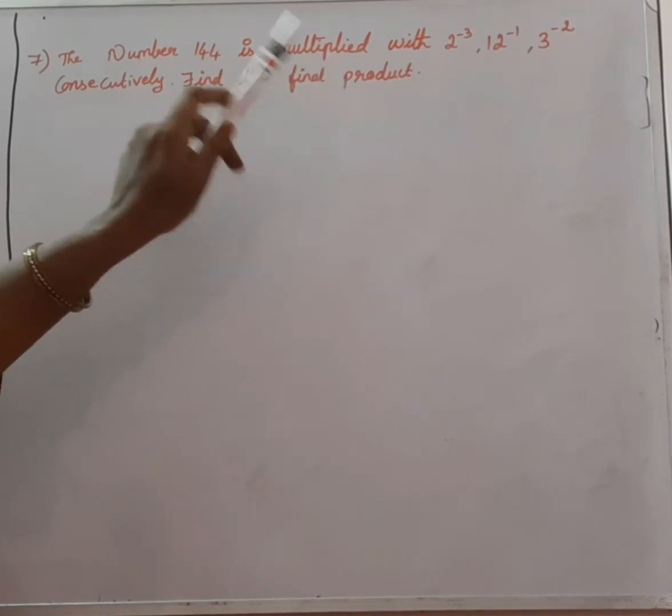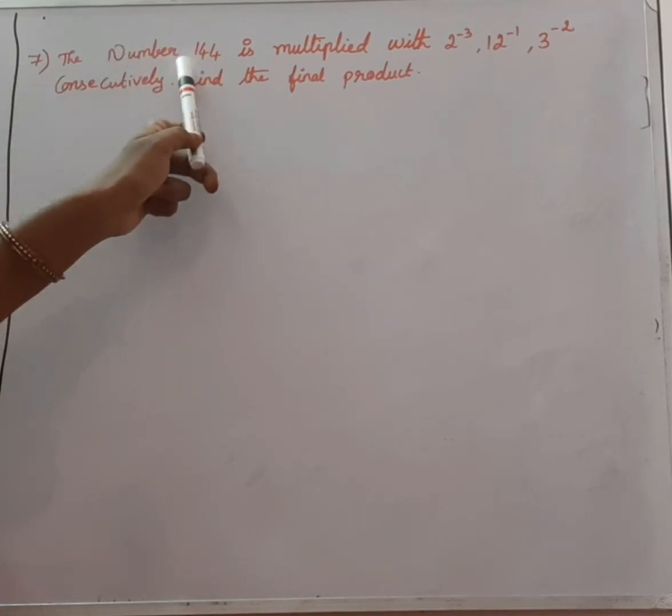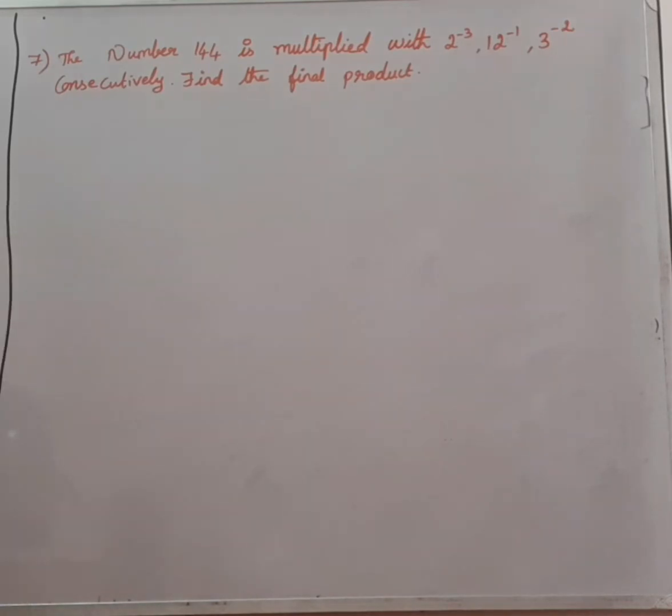That means we want to multiply 144 with all these three exponents, and of that we get the value as a final exponent or in a normal value. So now we want to apply that in the sum.